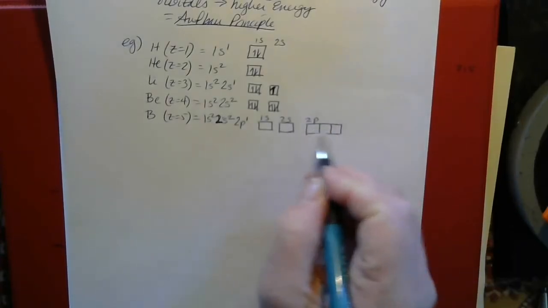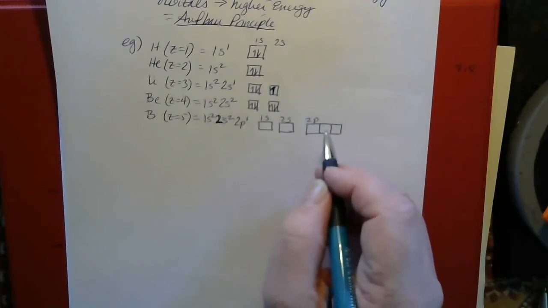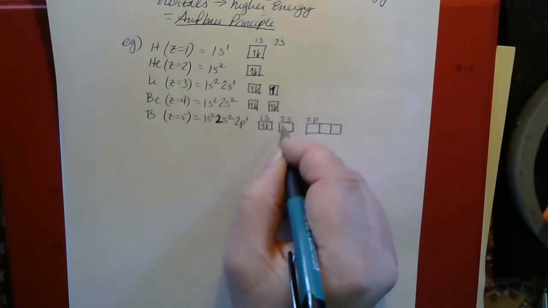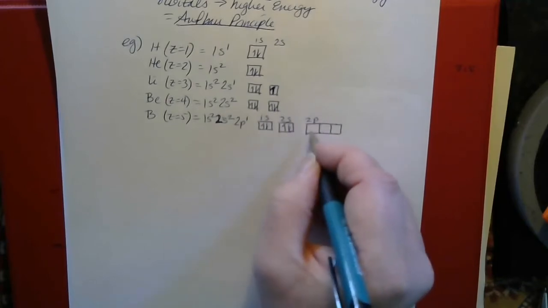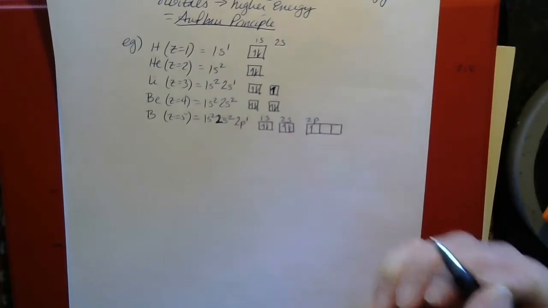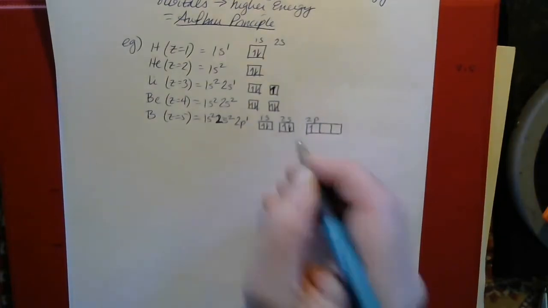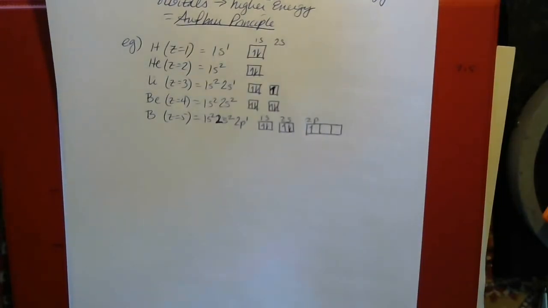But remember, there are 3 p-type orbitals in any given shell that has them. So we have the 1s orbital filled, the 2s orbital filled, and the first electron will go into one of the 3 p orbitals. It doesn't really matter which one you put it in, and it doesn't really matter whether you draw it spin up or spin down, as long as there's only one.